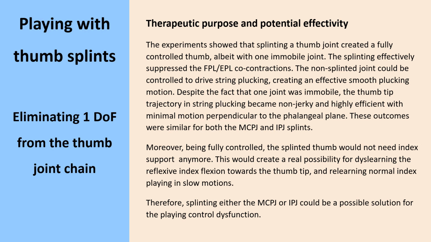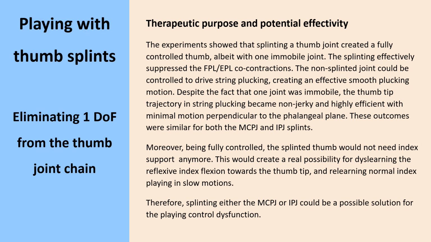The non-splinted joint could be controlled to drive string plucking, creating an effective smooth plucking motion. Despite the fact that one joint was immobile, the thumb tip trajectory in string plucking became non-jerky and highly efficient with minimal motion perpendicular to the phalangeal plane. These outcomes were similar for both the MCP and IP joint splints.